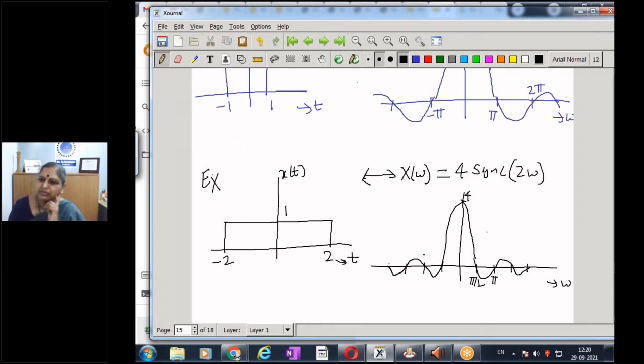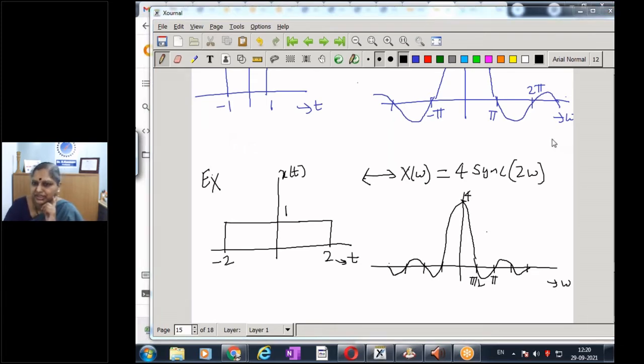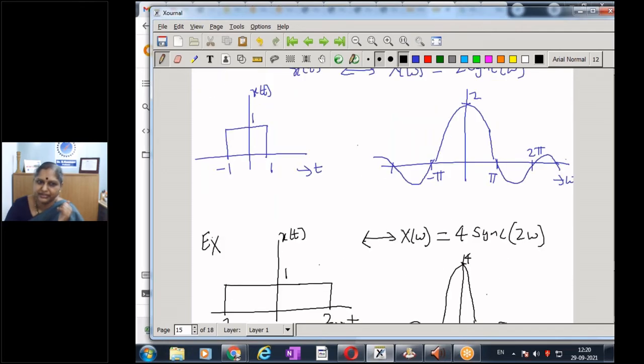When we plot the same in Python, we'll have a very good result. Now we have a very nice observation. What is the observation? I had my signal x of t, let us say this is x1 of t, and this is x2 of t. Similarly, this is x2 of omega, and this is x1 of omega.